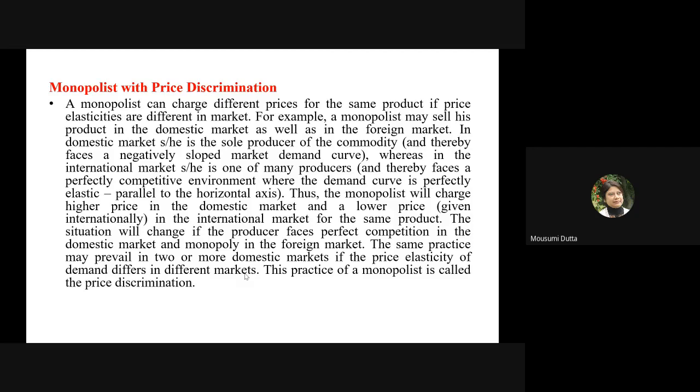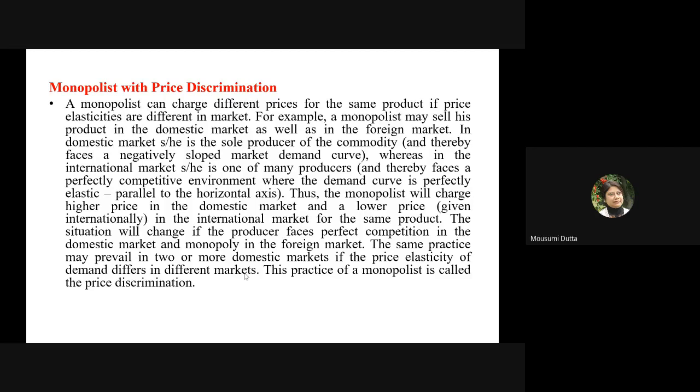Whereas in the international market, he is one of many producers and thereby faces a perfectly competitive environment where the demand curve is perfectly elastic or parallel to the horizontal axis. Thus, the monopolist will charge a higher price in the domestic market and a lower price in the international market for the same product.